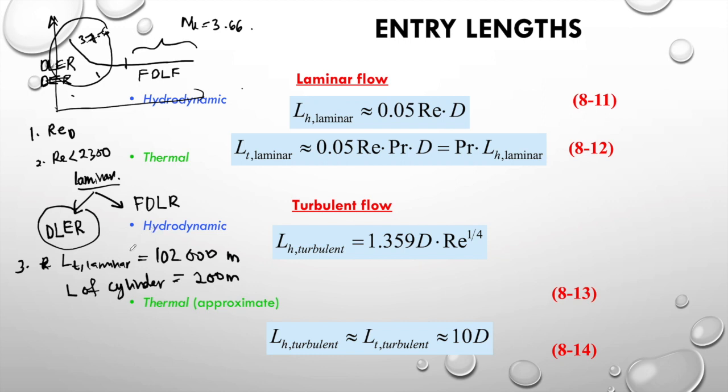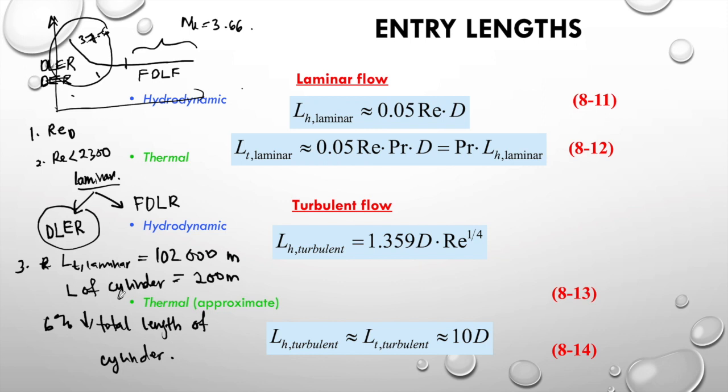If you calculate your LT and it is about maybe 0.3, or 6% below the total length of your cylinder, then you can disregard the entry length and you can assume your cylinder is fully developed laminar flow.